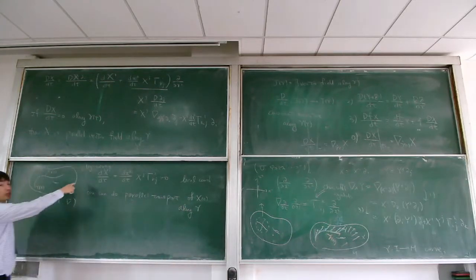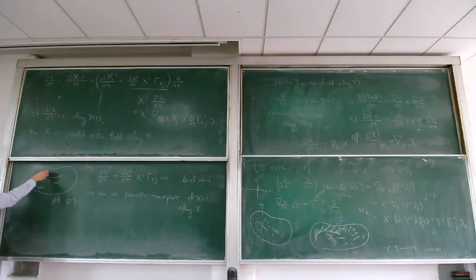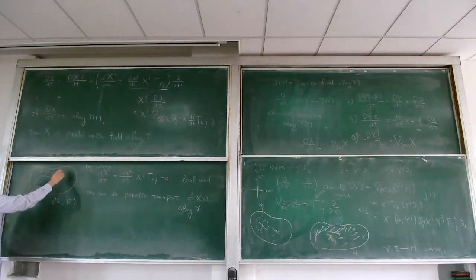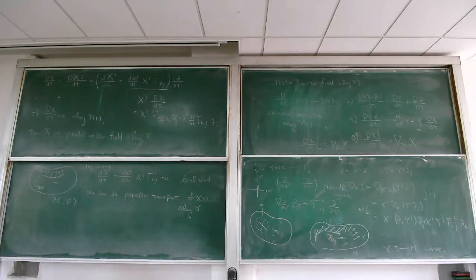The solution is a parallel transported vector field along the curve. So one can do the parallel transport along gamma.